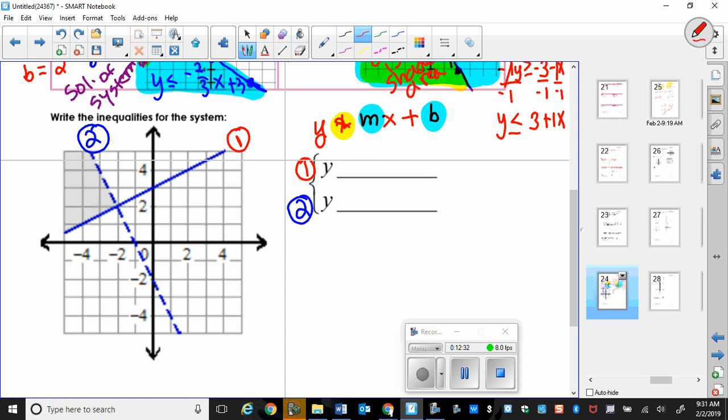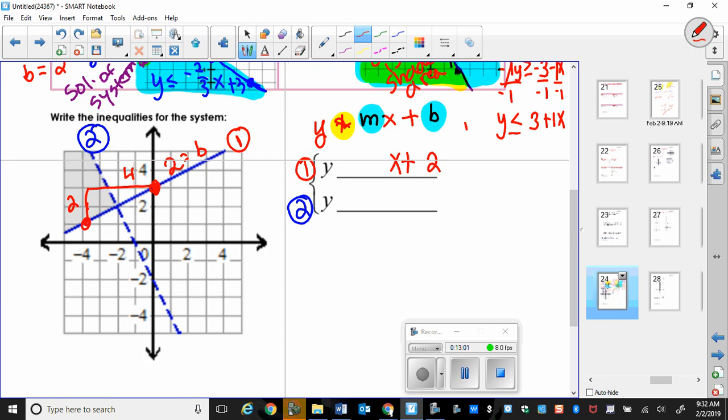Okay, so number 1, my y-intercept is right here. It's at 2. So I'm going to replace b with 2 plus my slope. My slope here, I'm going to pick another good point. Here's another good point, and I go up 2, right 4. So my slope is 2 over 4.